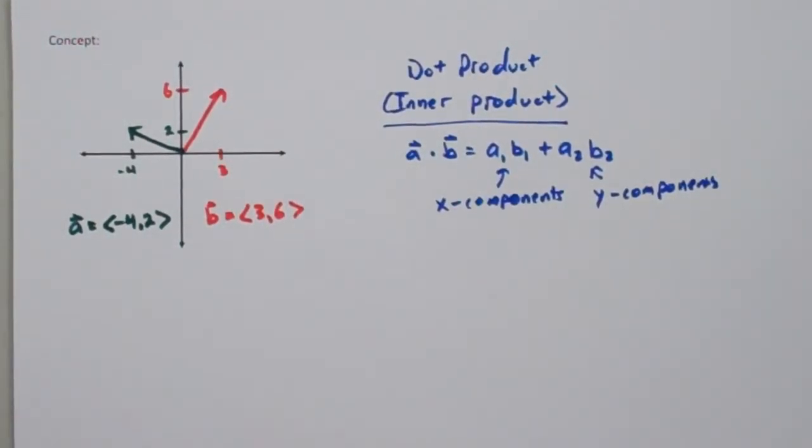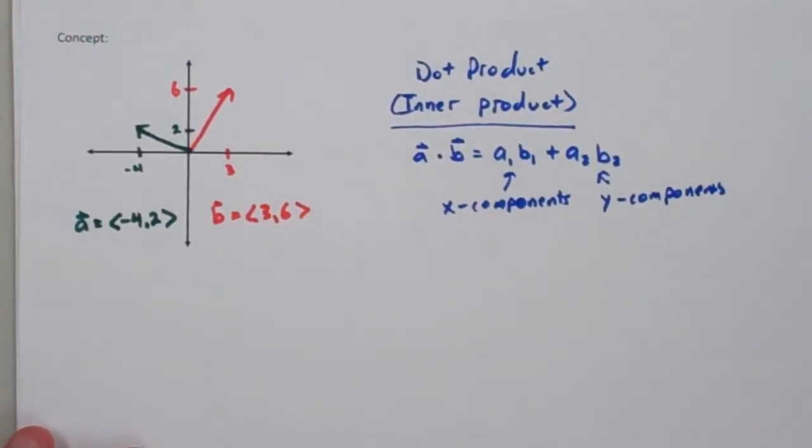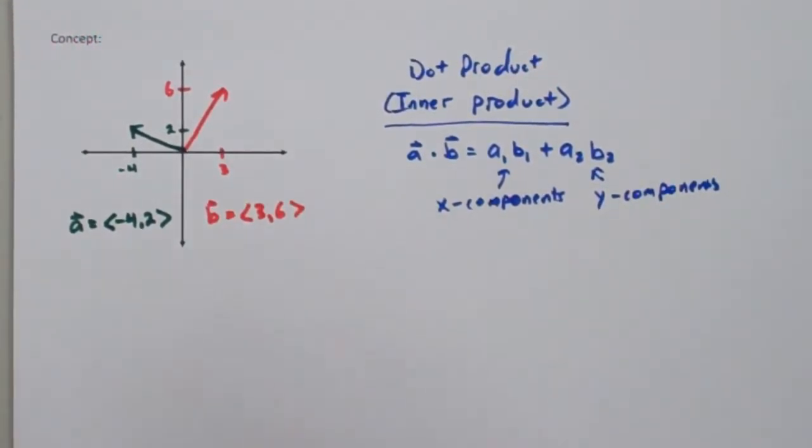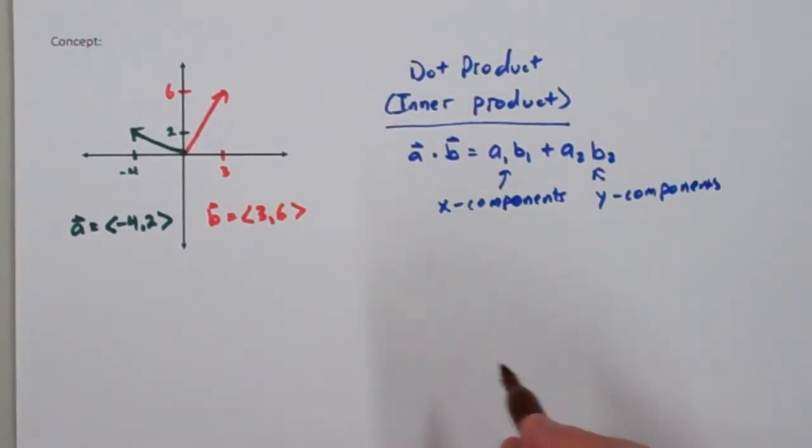And what we're going to do is take the dot product of these two, and there's a very special thing that we know happens when the dot product is 0.